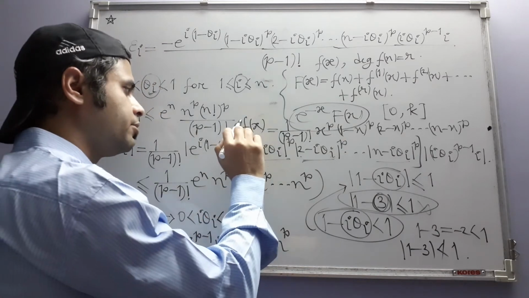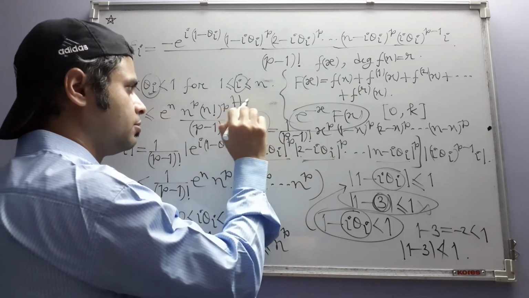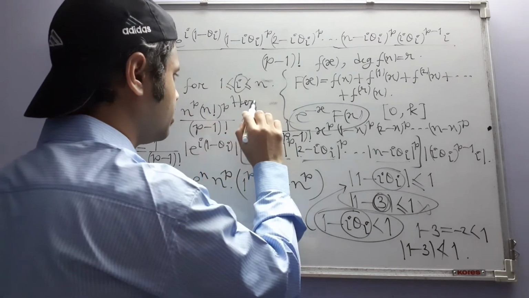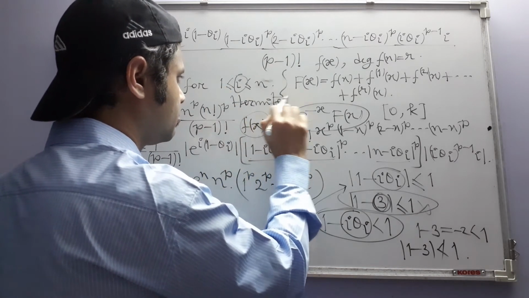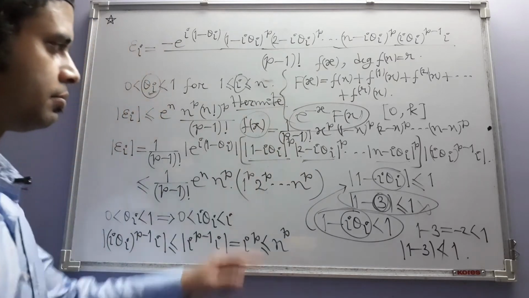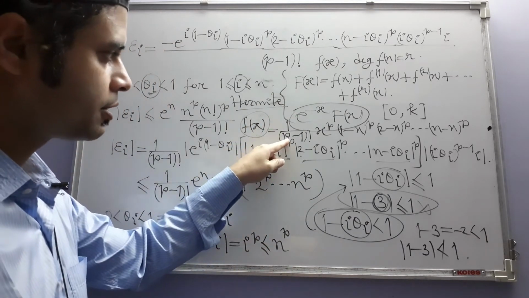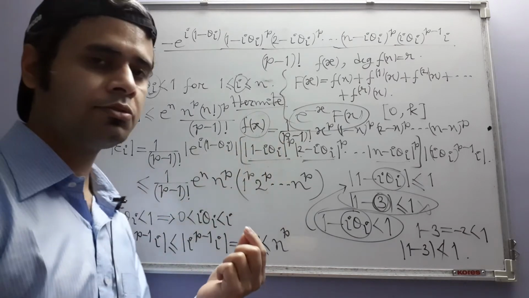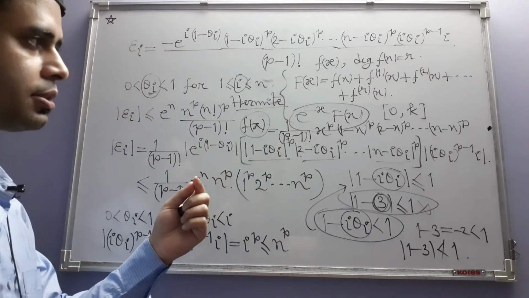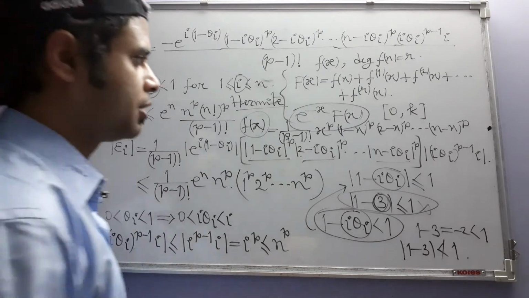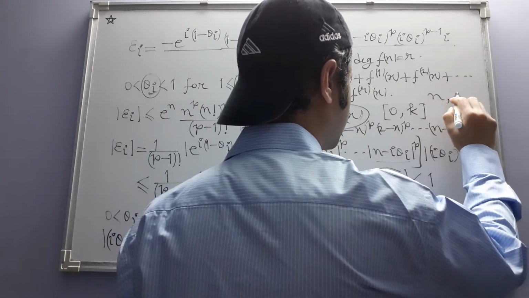Note that this polynomial, which we call a Hermite polynomial, is not a fixed polynomial. It depends on this prime, and this prime itself was chosen based on two numbers: one is n and the other is c naught.